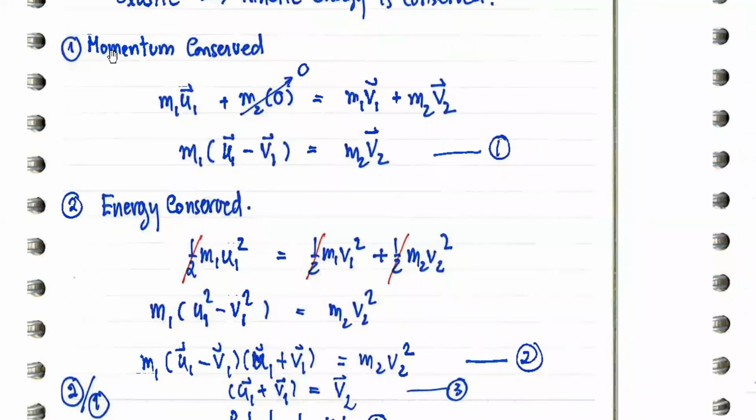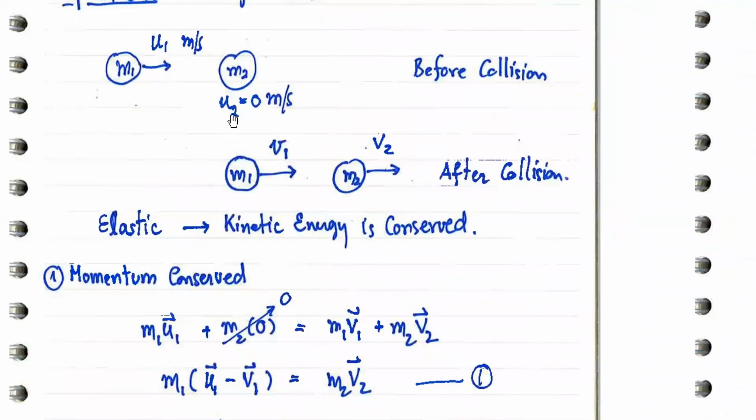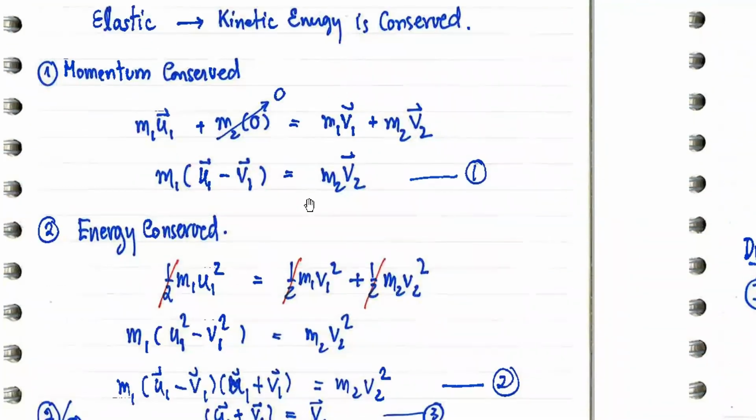The conservation of momentum: m1 u1 plus m2 times 0, this is 0 because it's at rest, equal to m1 v1 plus m2 v2. Let me explain this. I'm going to prove the case where m2 is at rest first.